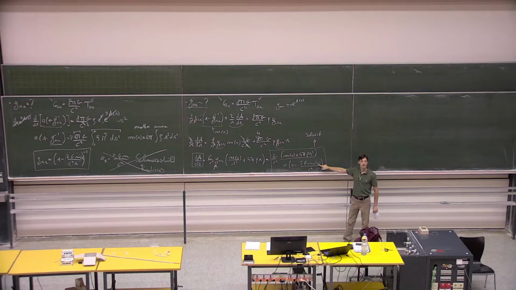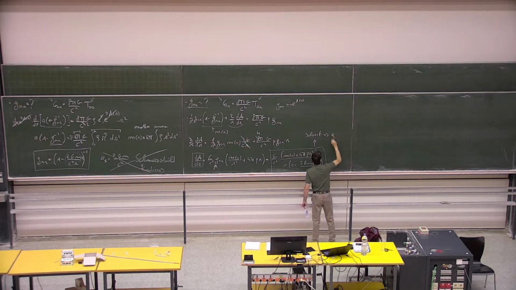But you see that once this is expressed, once this is found, you have A, and therefore you have your metric. G00 is equal to minus e to the A of R. We have our metric.